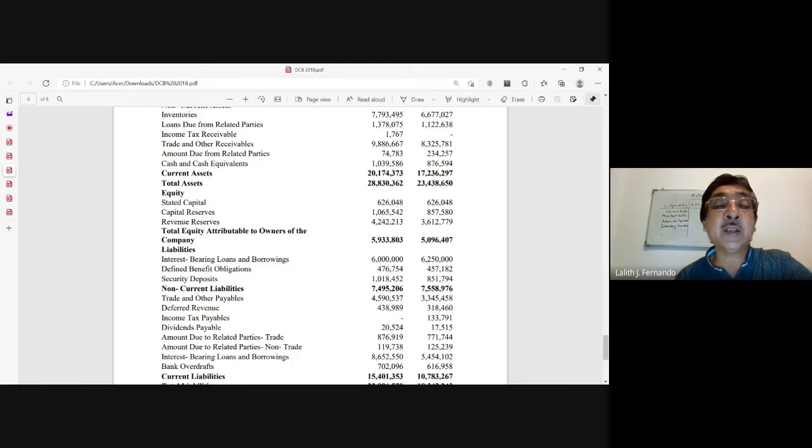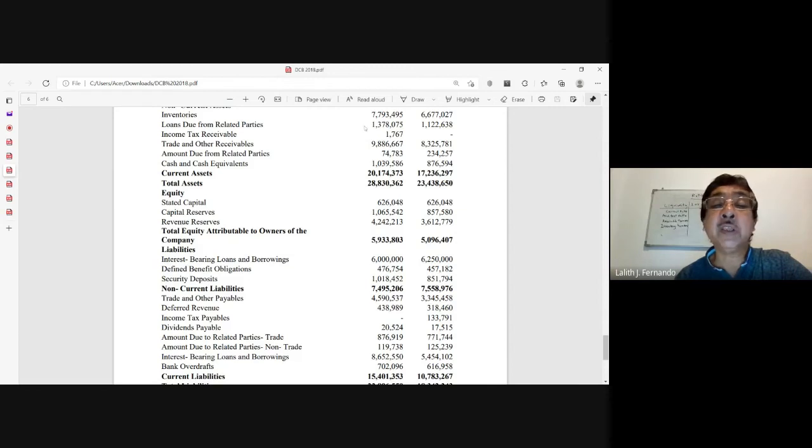This we can't take as an investment. You have to take receivables, income tax, and loans due from related parties also as receivables.